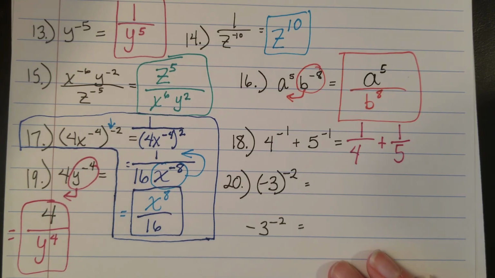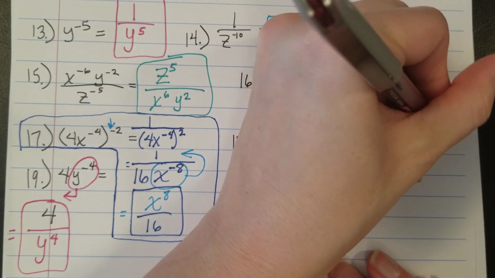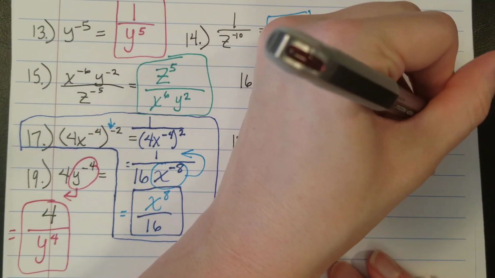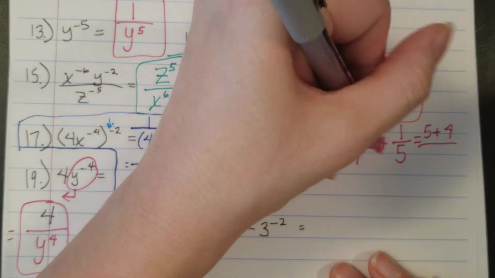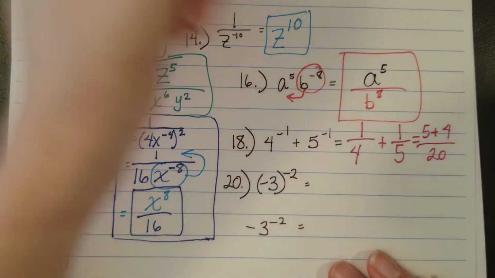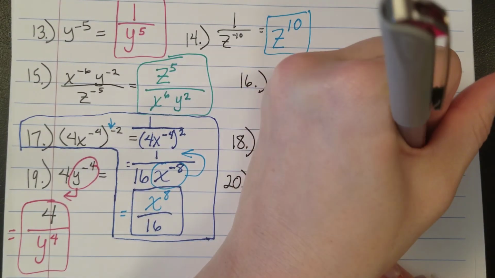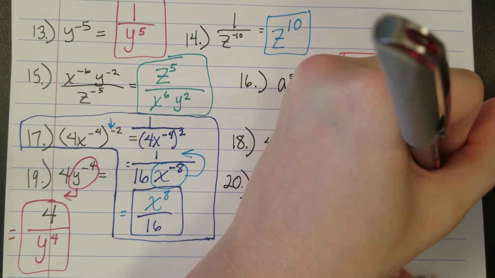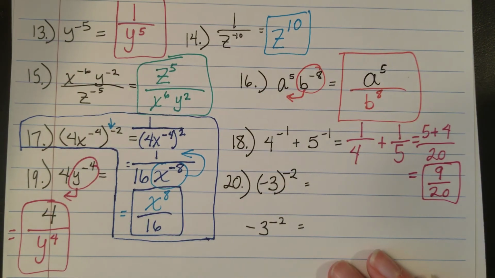So personally, I like to just use the bow tie method, which means I would do 5 times 1 is 5, plus 4 times 1 is 4, all over 4 times 5 is 20. So I've got 5 plus 4 over 20, and then I know that 5 plus 4 is 9, so 9 over 20 is the final answer for that.